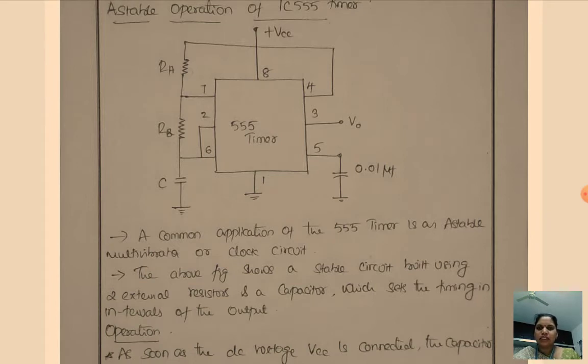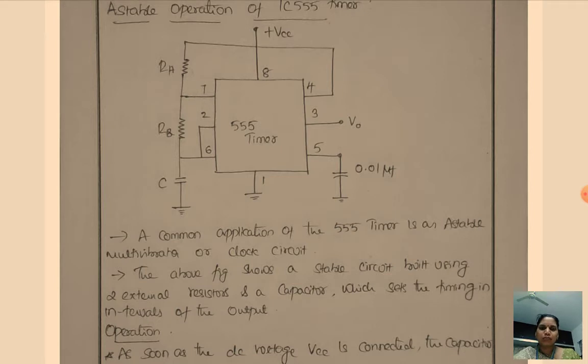As usual, pin 1 is grounded, and pins 2 and 6, which are the inputs for the comparators, are shorted and connected across the capacitor C. Whatever the voltage across the capacitor will be taken as an input for pins 2 and 6.